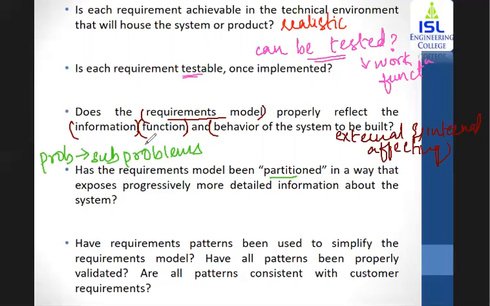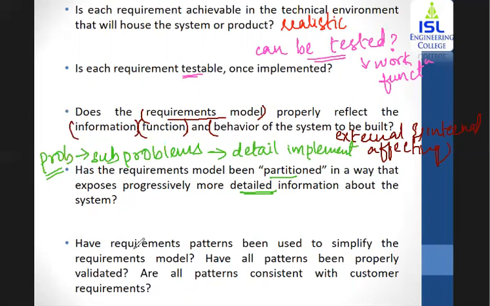When you have those categories, you're going to have more detail about how you're going to address the particular problem, so that you identify whether this requirement model is partitioned in a way that gives you more detailed information about the system. When you have different sub problems or sub components, it becomes even easier for you to work, and you also get more detail of how you're going to implement the solution.